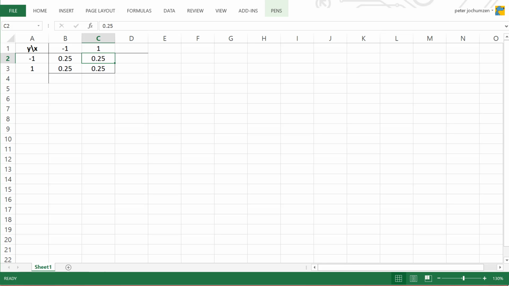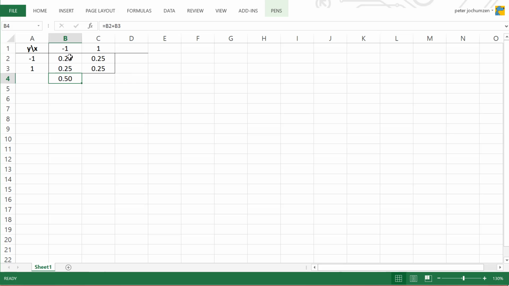+1. If I sum these probabilities vertically, so I do equal B2 plus B3, I will get the probability that x is equal to -1. Because x can be -1 in two cases.